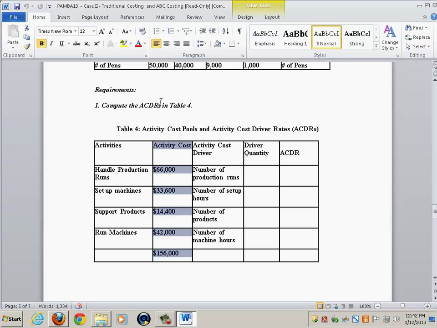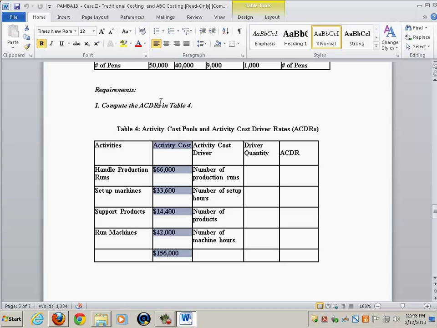You do a cost analysis, you identify all these costs, you sum up the numbers, and you get to 66,000. So you have pulled together all the costs associated with handling production runs, and this is 66,000. You pull all the costs associated with handling setup machines and so on, so you get the activity cost pools.